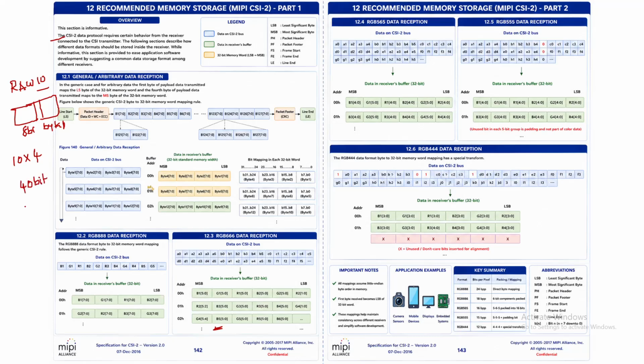This 40 bits means 5 bytes of data. These 5 bytes of data will be packed into one packet, and then it will be transmitted. So these 4 pixels of data will be combined together into a small packet, and in that way all the pixels will be transmitted.